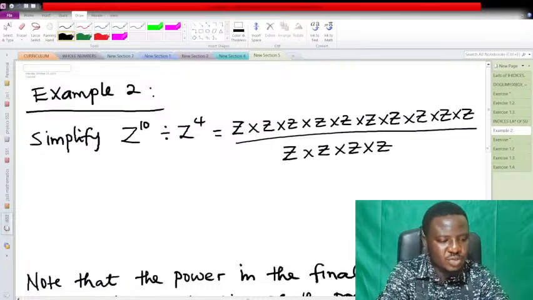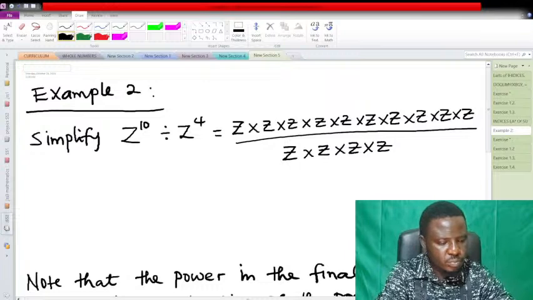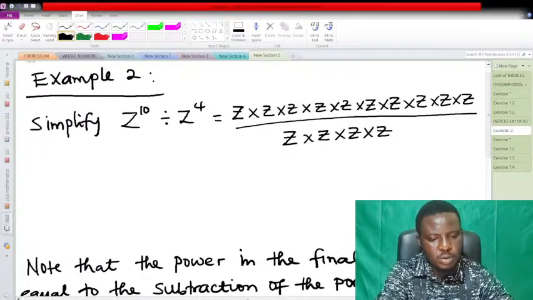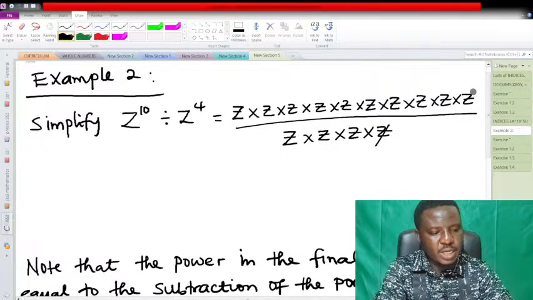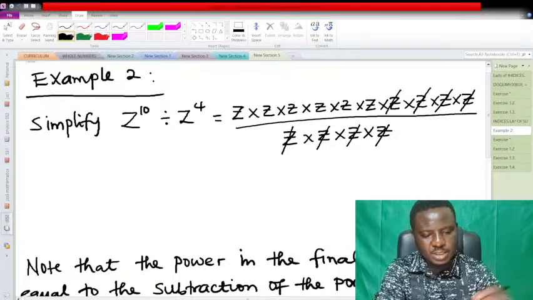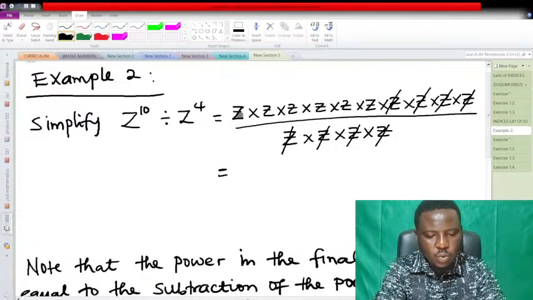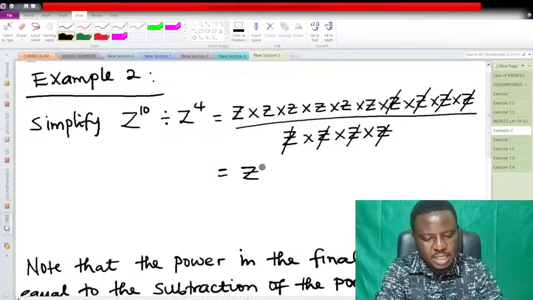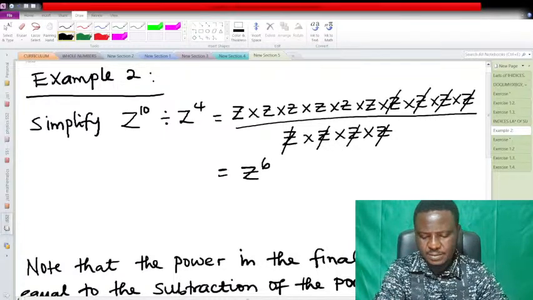So when you divide these two, z will cancel this, will cancel this, will divide this as well as this, leaving you with 1, 2, 3, 4, 5, 6. That is to say z to the power of 6.